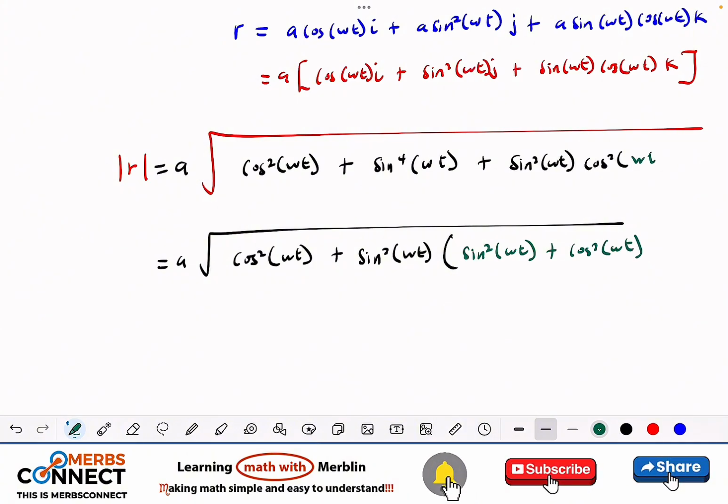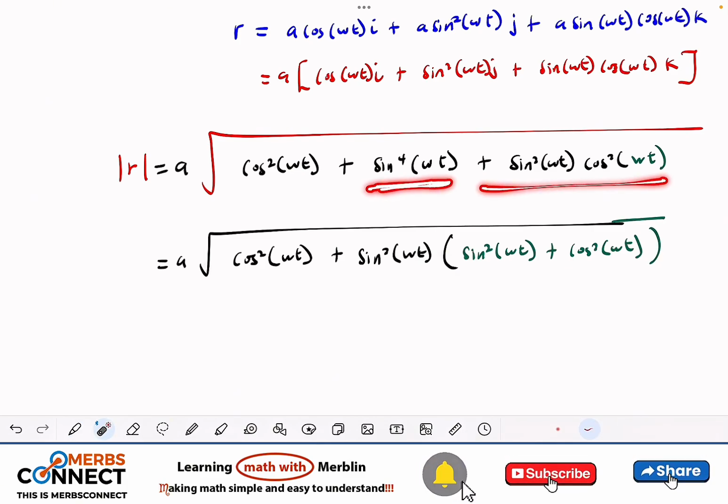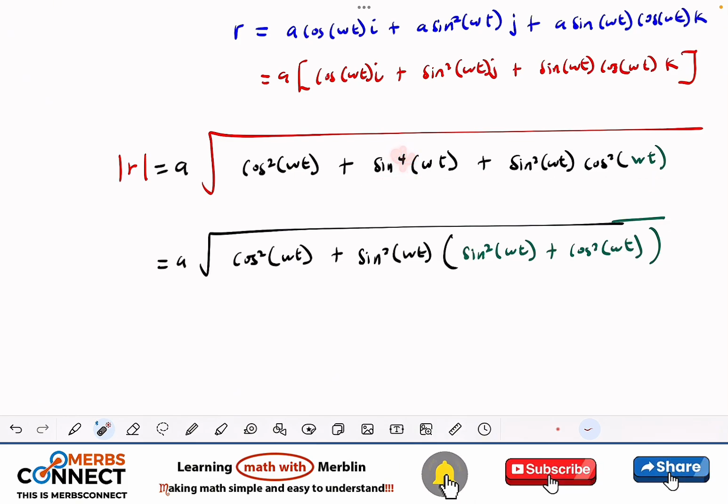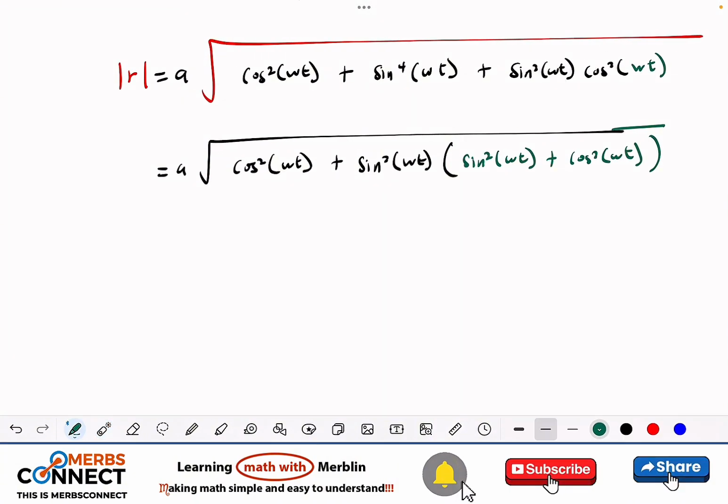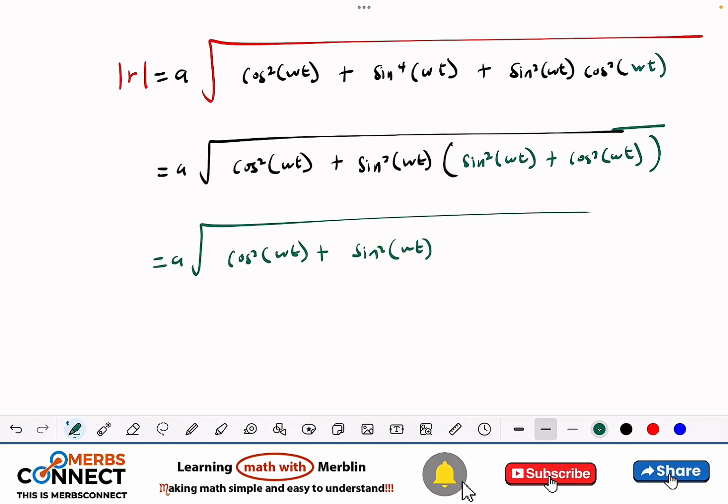Do you get it? Here, I just want to factor sine squared out. Since this one is sine to the 4, when I factor 2 out, it will be left with 2, and when I factor this one out, it will be left with this. Now, we should be noticing this a lot because this repeats itself. This is going to give us 1. So we are going to have a square root of cos squared omega t plus sine squared omega t times 1.